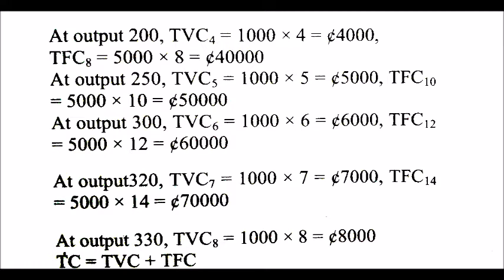At output 330, TVC 8 is equal to 1,000 times 8, which is equal to 8,000. And TC, as we said, is equal to TVC plus TFC. So now we have our figures. That's for A. This is the total cost at each level.